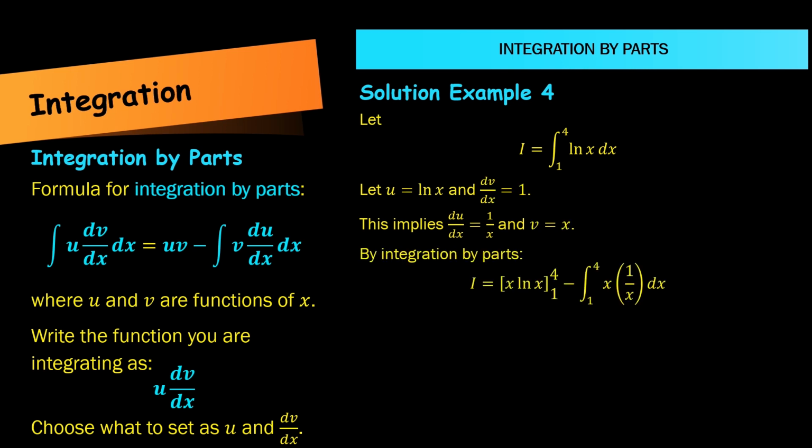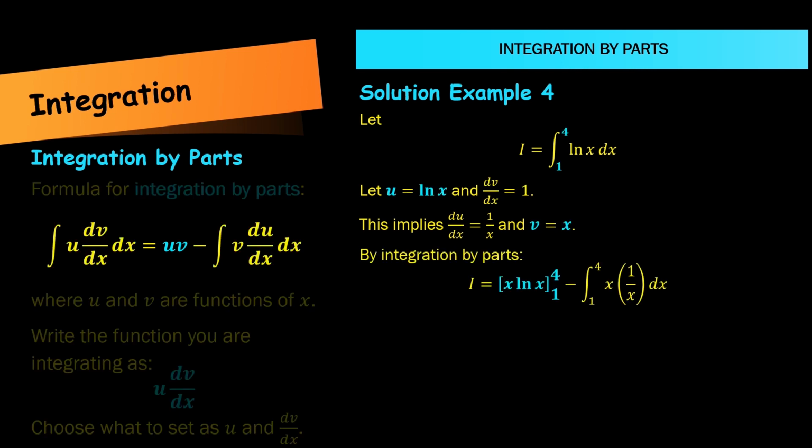Applying the integration by parts formula gives us I equals x ln x between the limits 4 and 1, as shown here, minus the integral between 4 and 1 of x times 1 over x. And we're integrating this with respect to x.